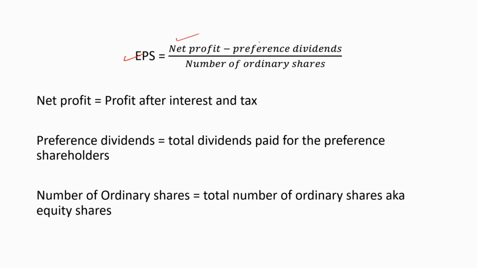Net profit minus preference dividends divided by the number of ordinary shares. Net profit is equal to profit after interest and tax. Preference dividends are the total dividends paid to the preference shareholders. We have to deduct this amount from the net profit. Number of ordinary shares is the total number of ordinary shares. These are also known as equity shares.